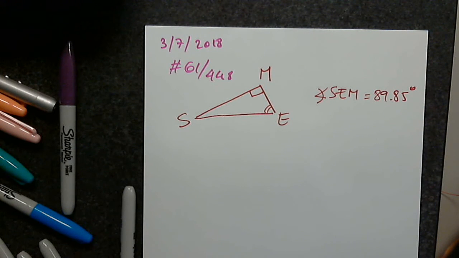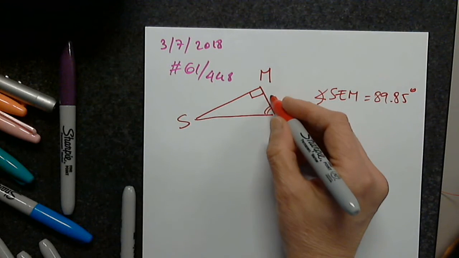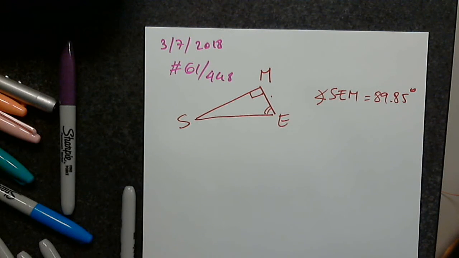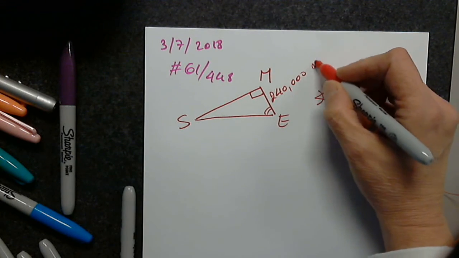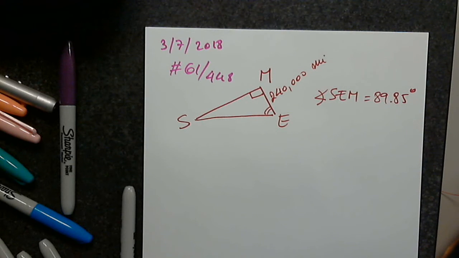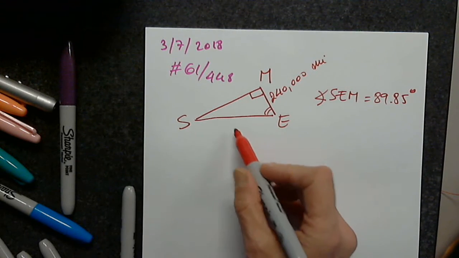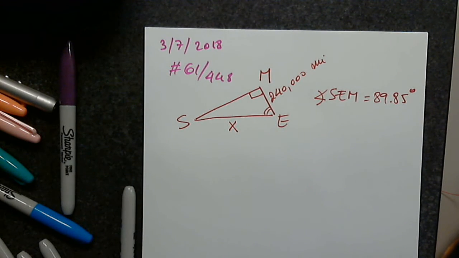If the distance from the Earth to the moon, this one right here, is 240,000 miles. Estimated distance from the Earth to the sun. So from the Earth to the sun. So this is what we're asked to find.